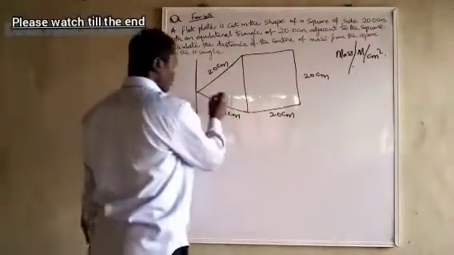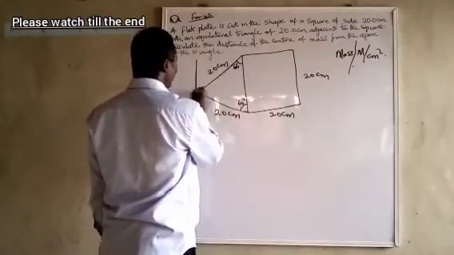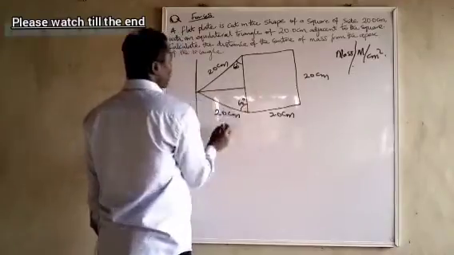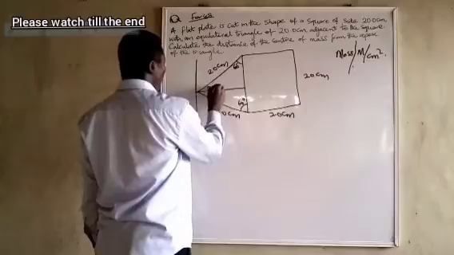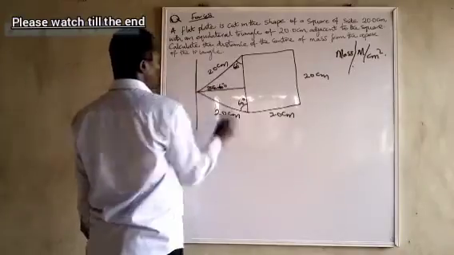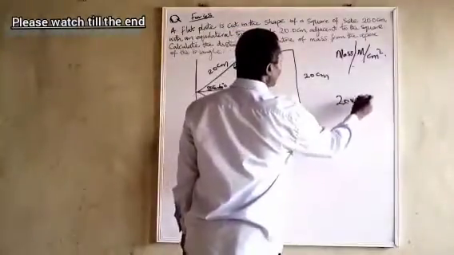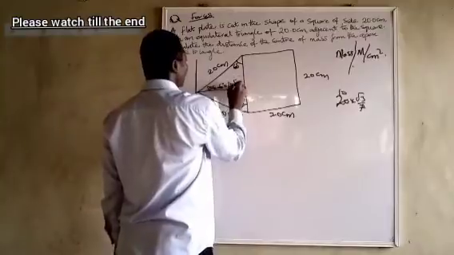Since it is an equilateral triangle, we have 60 degrees at each angle. The height of the triangle is 20 sine 60 degrees, and sine 60 is root 3 over 2. So we have 20 times root 3 over 2, which gives us 10 root 3.